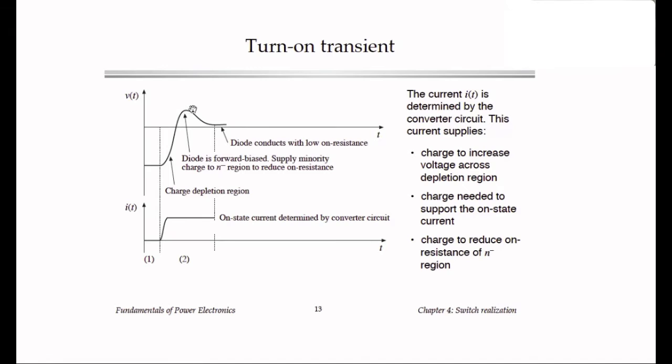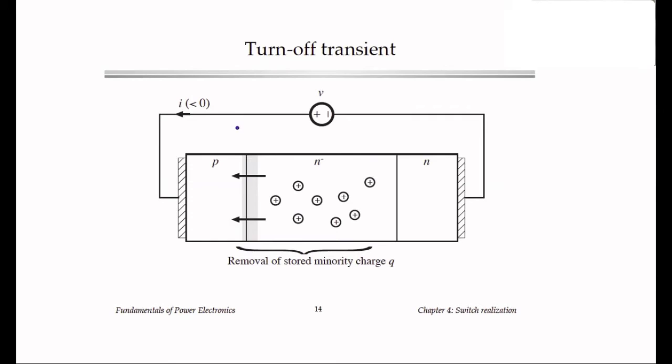So we have a high on resistance, then we have a large forward voltage drop, that might be 10 or 20 volts, but then after a short period we get minority charge and conductivity modulation that brings the forward voltage drop back down to something like 0.7 or 1 volt, and then the diode after that conducts with a low on resistance.